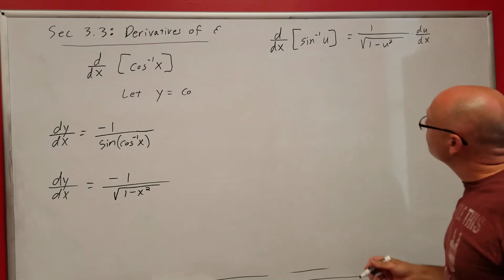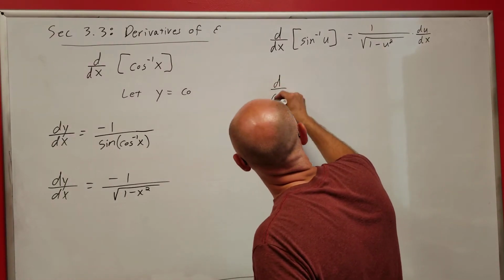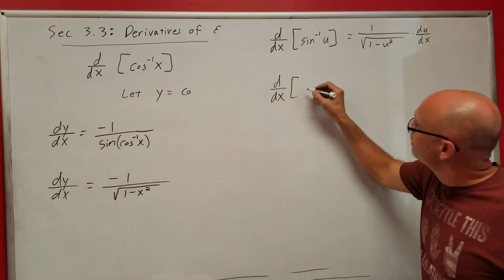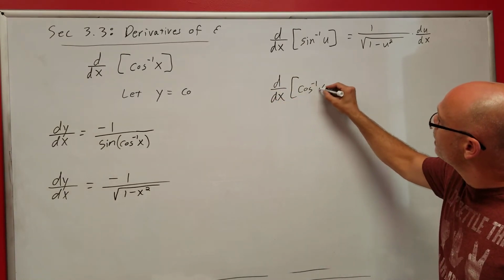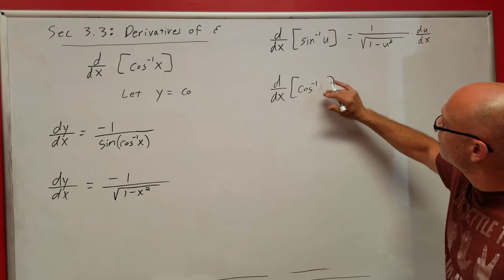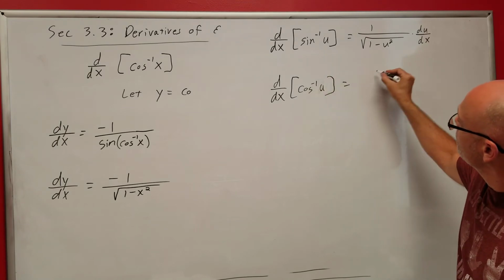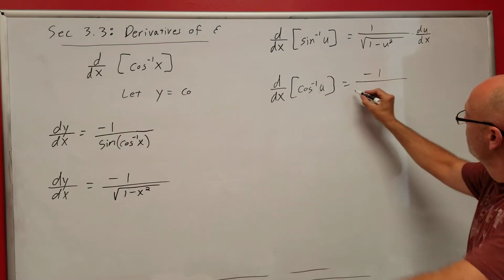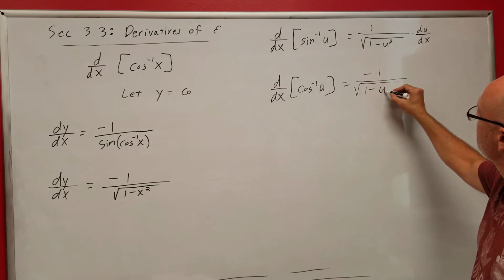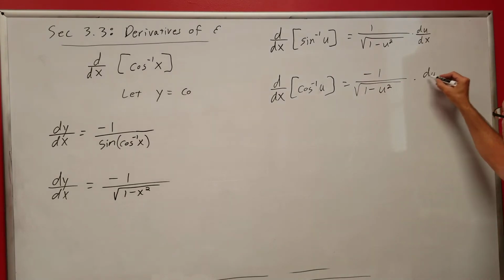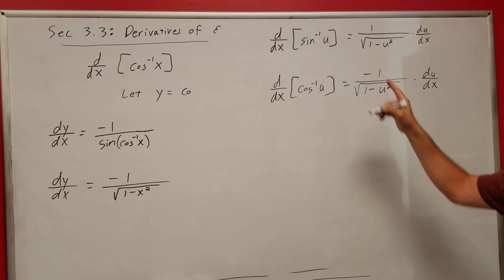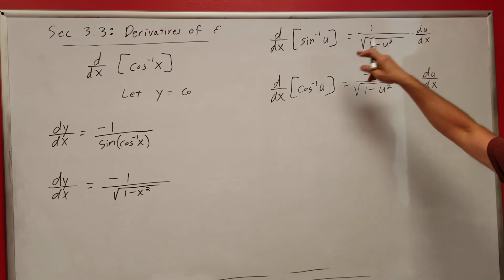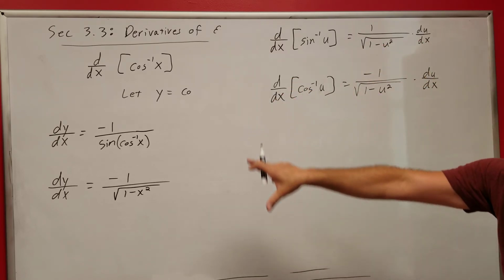We also have the derivative with respect to x of inverse cosine of u. That's equal to negative 1 over the square root of 1 minus u squared times du over dx. Know these. Memorize these, so you don't have to go through that every time.